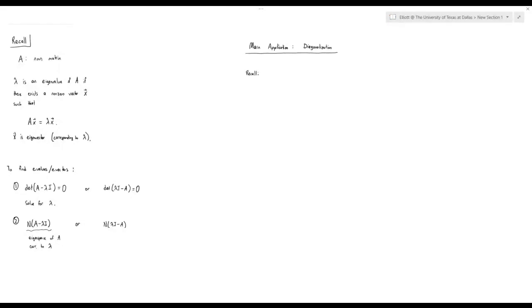Before I can explain it, I want to recall a little bit about matrix multiplication first. I'm just going to review two particular facts regarding matrix multiplication.